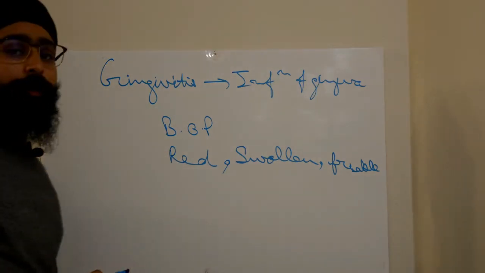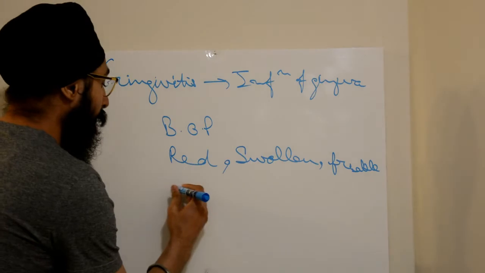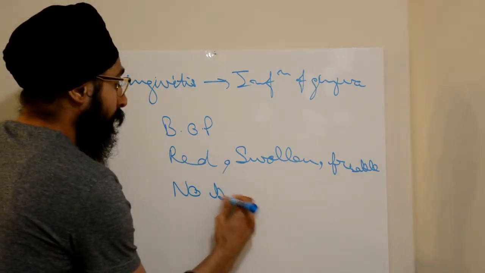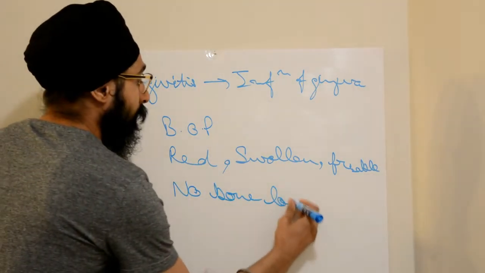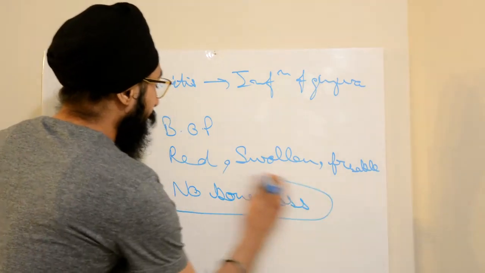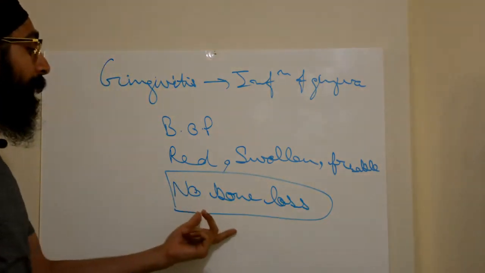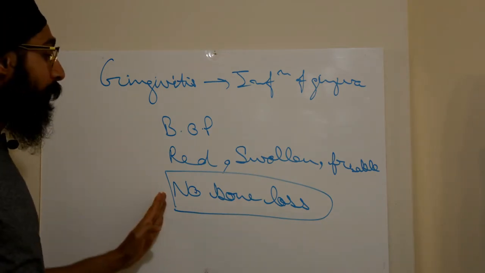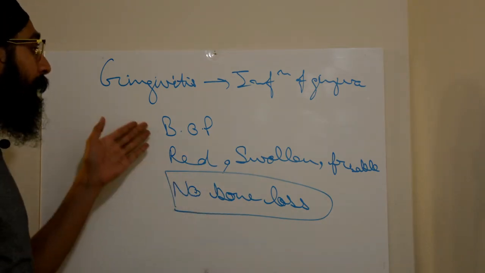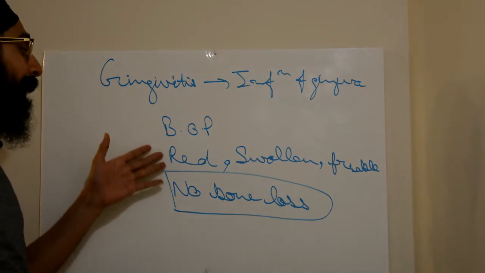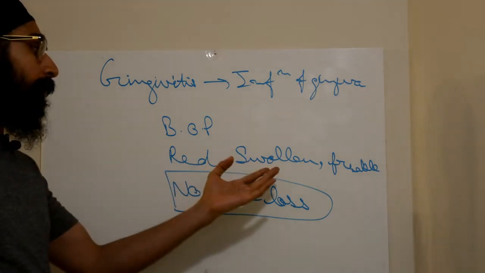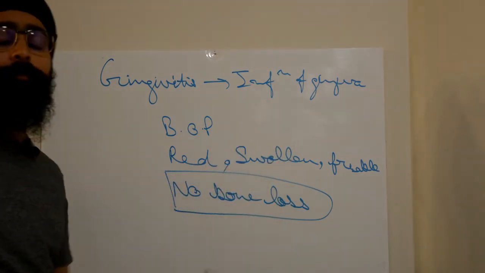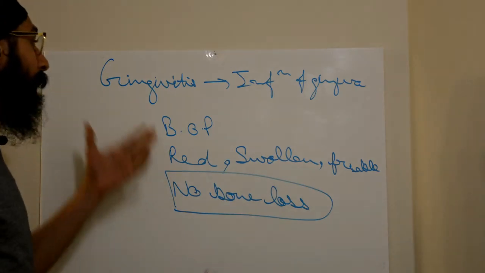In case of gingivitis, there is no bone loss. This feature differentiates it from periodontitis. In the absence of bone loss, if there is bleeding on probing, redness of the gums, swollen gums, and the gums are friable, we call it gingivitis.